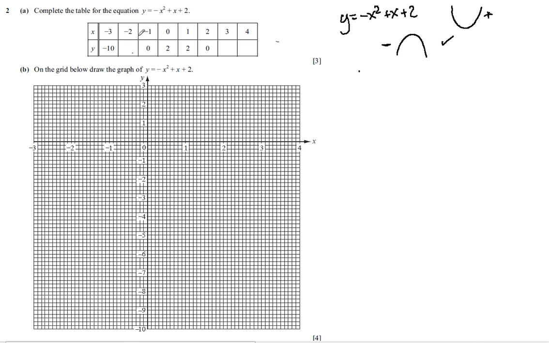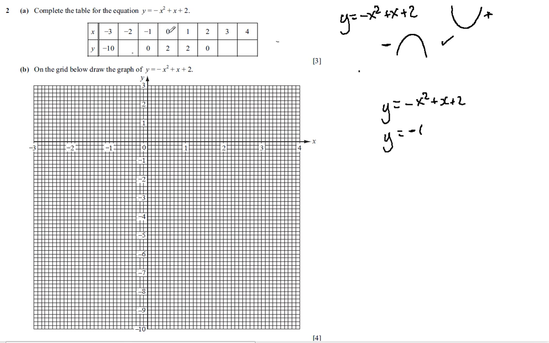Okay, so we have to find the values of y when x is a certain value. So we're going to find out what y is when x is negative 2. So if y is equal to negative x squared plus x plus 2, and we know x is negative 2, we're going to say y is equal to negative. The best thing to do is to keep the brackets when you insert these values in place of x.